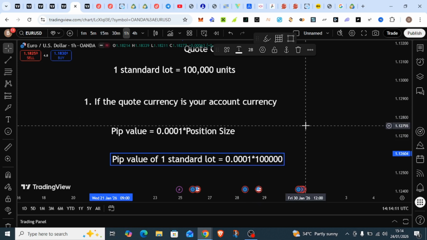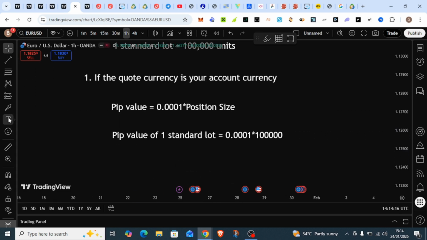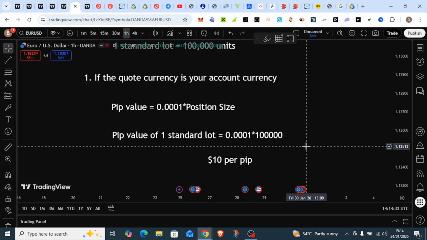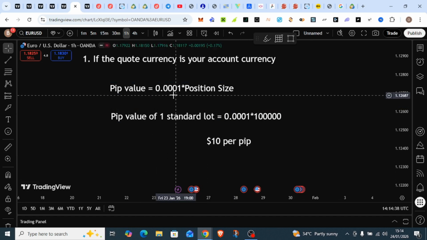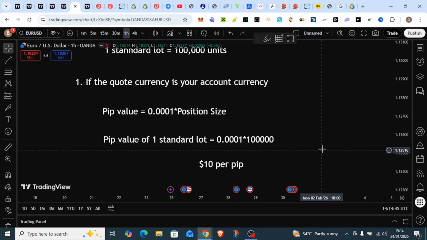So we get $10 per pip movement, right? $10 per pip. So this is it. It's very, very simple. Pip value is simply 0.0001 multiplied by position size if the quote currency is your account currency.